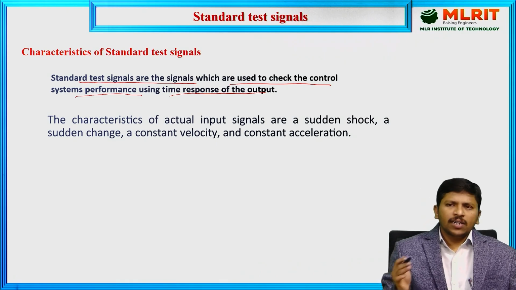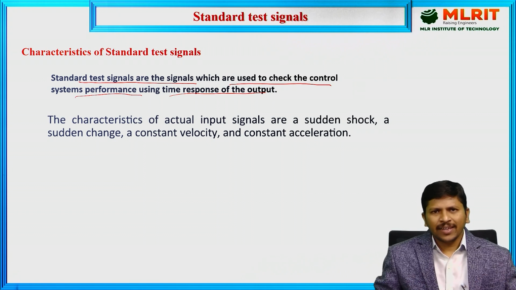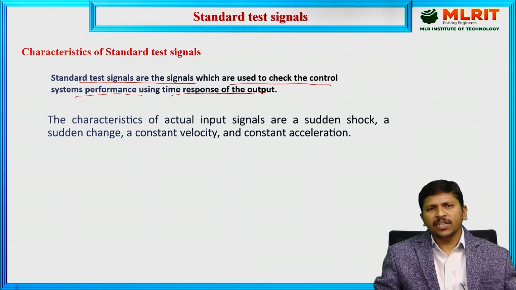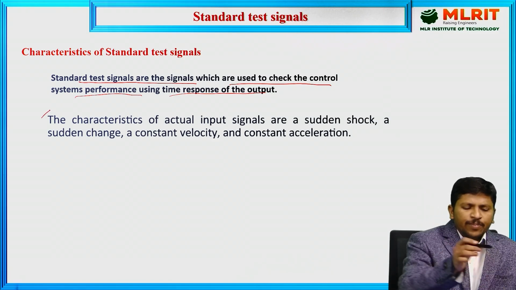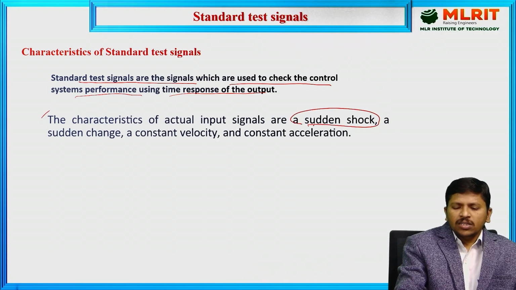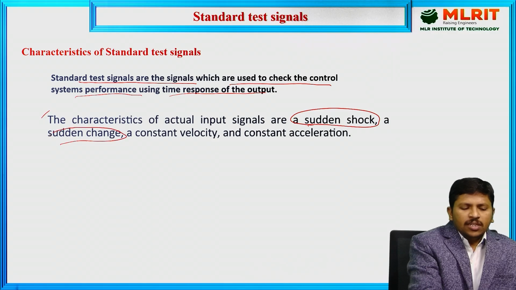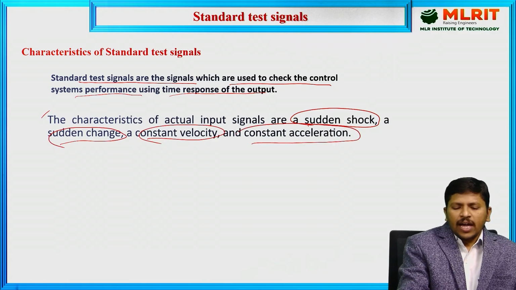What are the characteristics of the test signals? Some of the characteristics are available in every standard test signal. The characteristics of the test signals are a sudden shock, a sudden change, a constant velocity, and a constant acceleration.